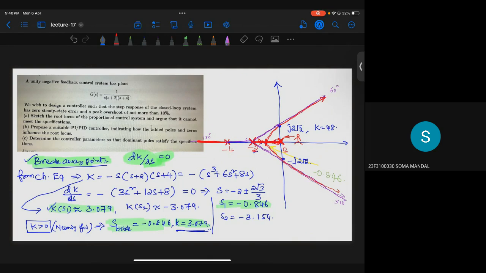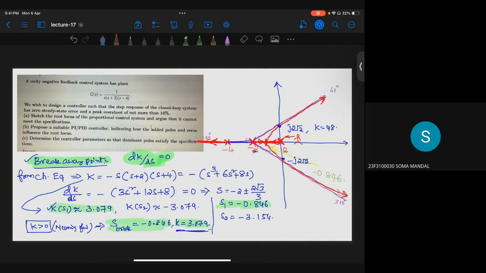Another pole will follow the 300-degree asymptote. Then the pole at minus 4 will follow the asymptote we have already drawn, minus 180 degrees, in this direction. So you can see now all the poles are going towards infinity. Am I correct? So only these red strips are part of the root locus.